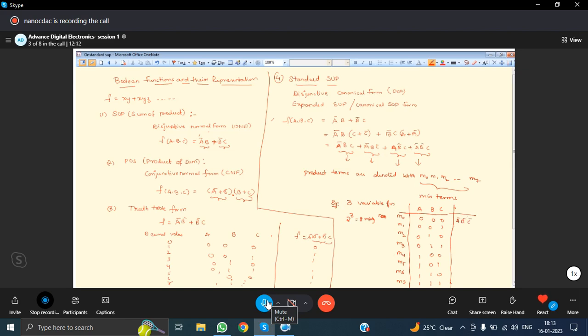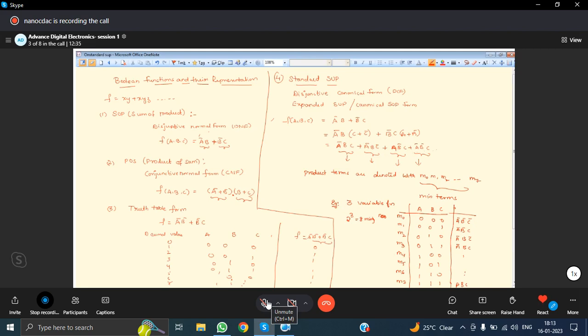M1 will be equal to A bar B bar C. Similarly, like that, the last one is A B C. This way you represent these minterms.